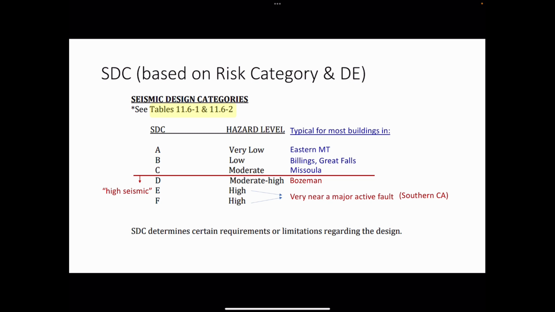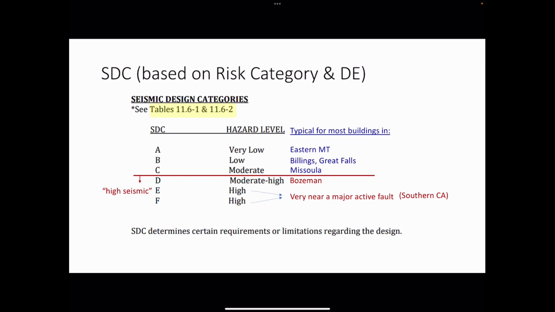So for perspective, right, much of eastern Montana is a very low seismic risk or seismic hazard. Category B is low. That would be like Billings or Great Falls. Category C, moderate. That's Missoula. Bozeman, here we're in category D. And then E or F are both classified as high hazard level.